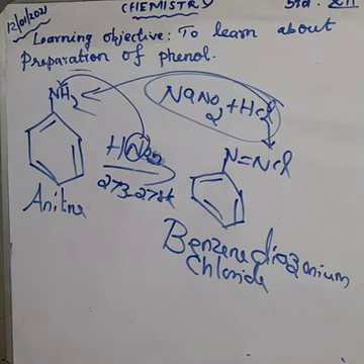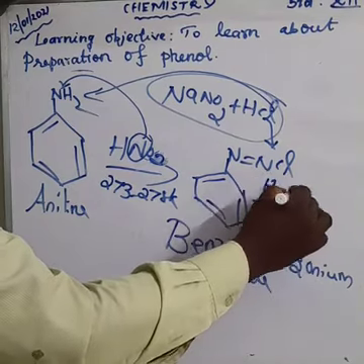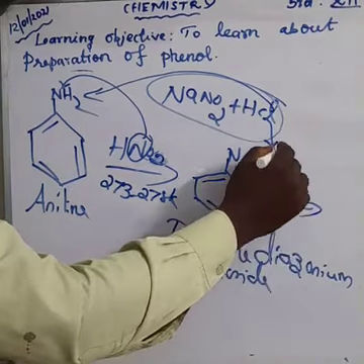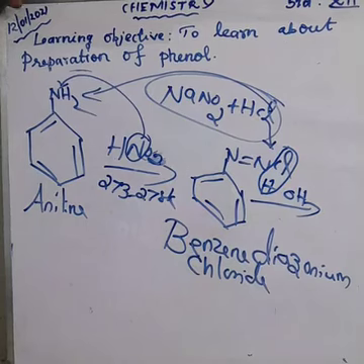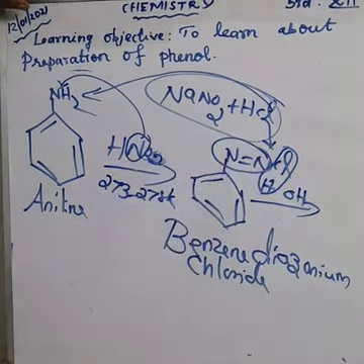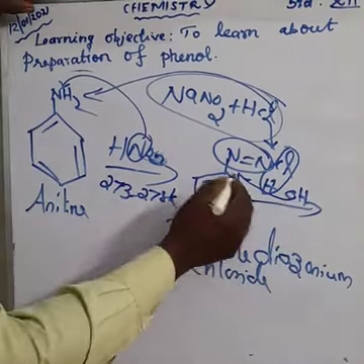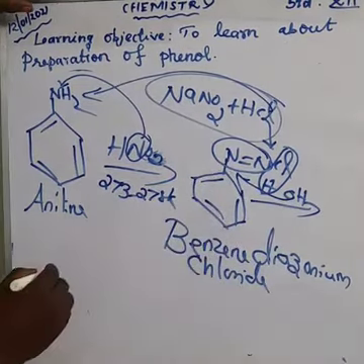Diazonium chloride on hydrolysis with water, adding H2O, the hydrogen combines with chlorine to form hydrochloric acid. We get the nitrogen molecule N2, and the OH group is attached to the benzene.